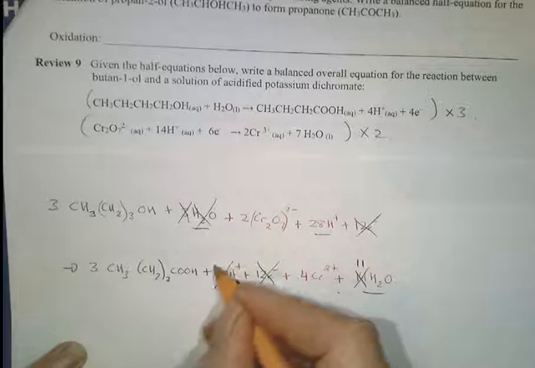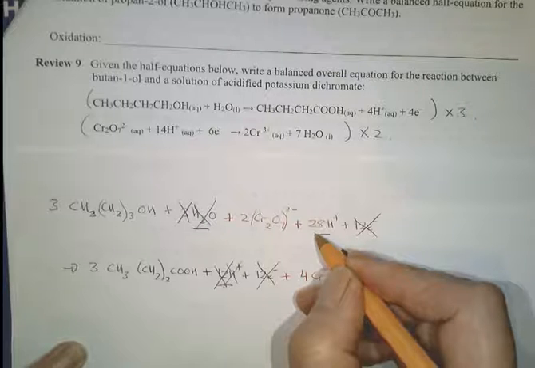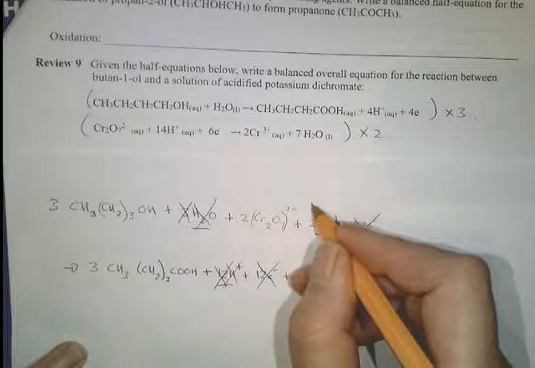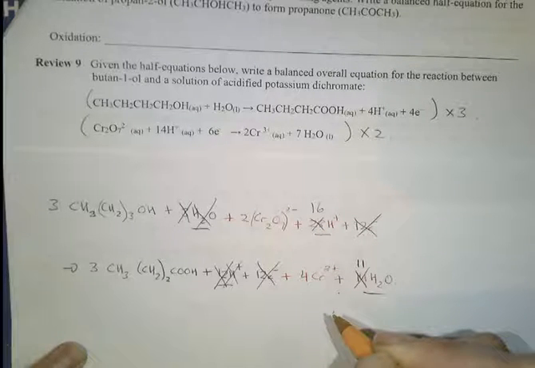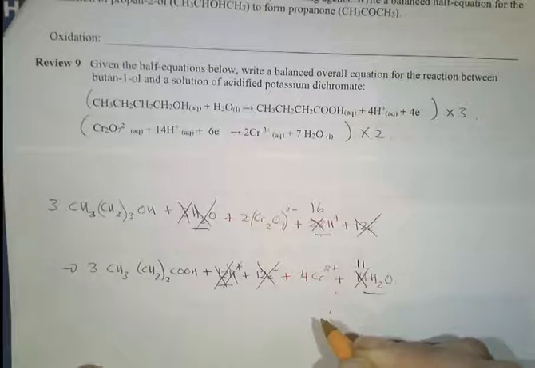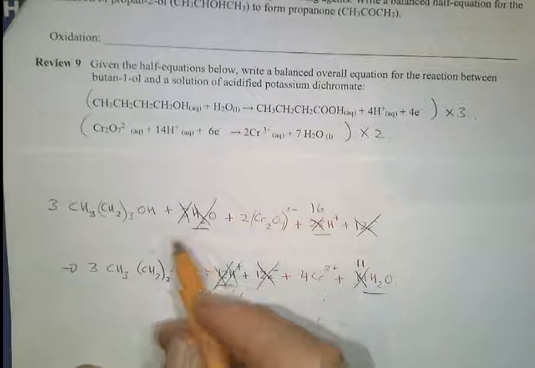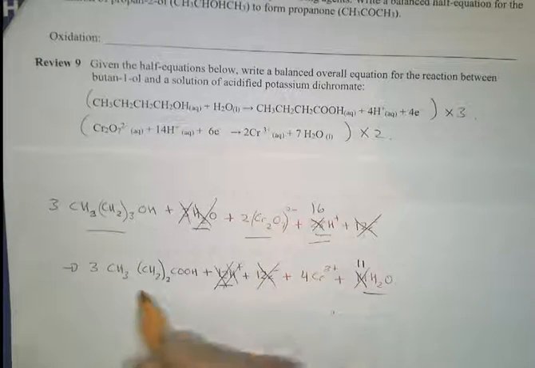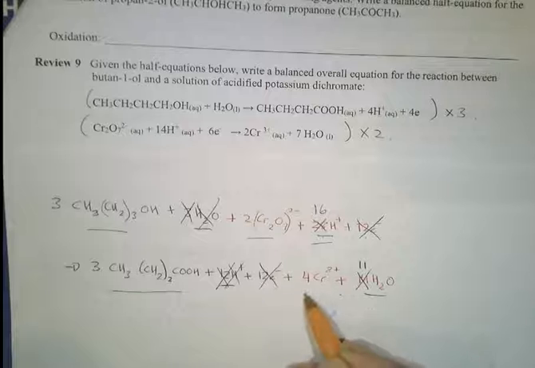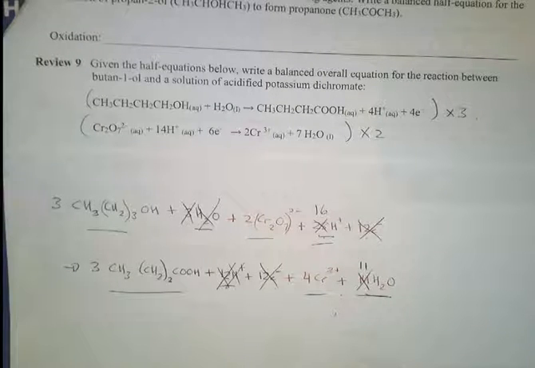So if we cancel out 12 from here, 28 minus 12 will be 16 hydrogen ions that we need. And then you just have to write out the entire thing again, just with these 16 hydrogen ions, making this and this, and 11 water molecules. Okay, and then you'll have your overall equation. I think you can do that without me.